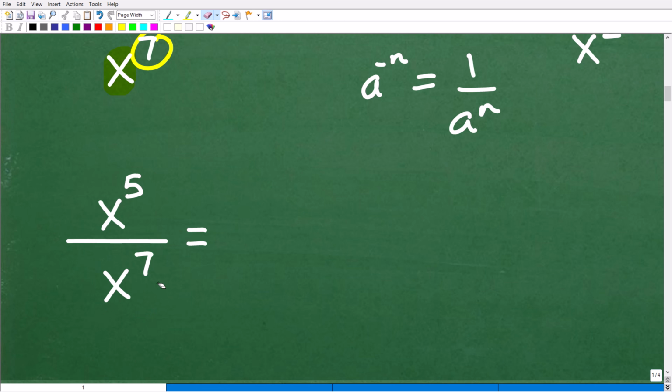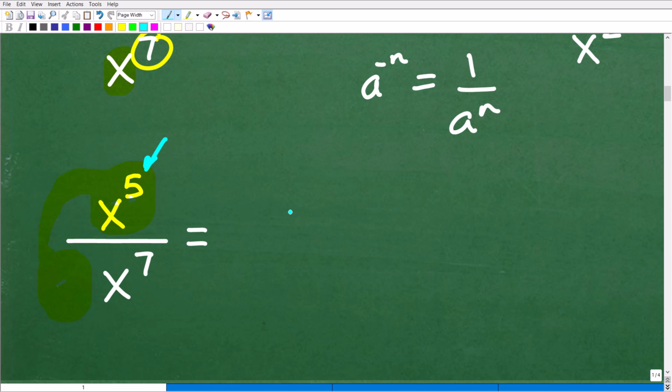But there's a little bit of a change that you need to make. If I want to rewrite this problem where x to the 5th is down in the denominator, the rule is the following. Whatever the sign of that exponent is, it needs to become the opposite.